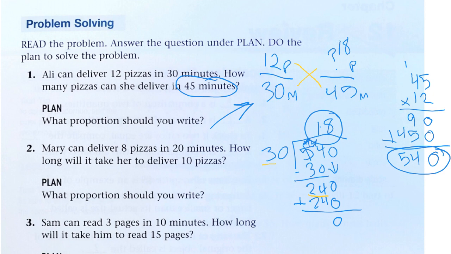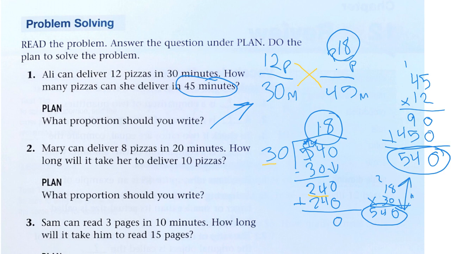So if every 15 minutes she delivers 6 pizzas, so we get 12, another 15 minutes, another 6 pizzas, 18. Now if we cross multiply to check, we could do 30 times 18. 540 matches 540.